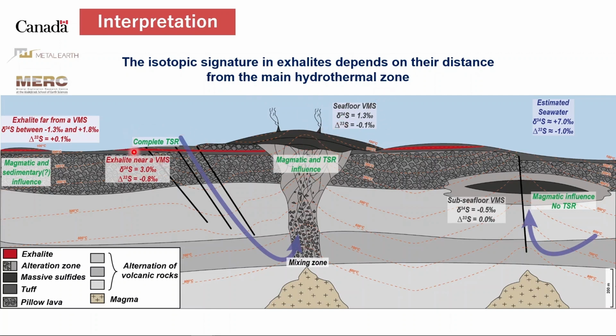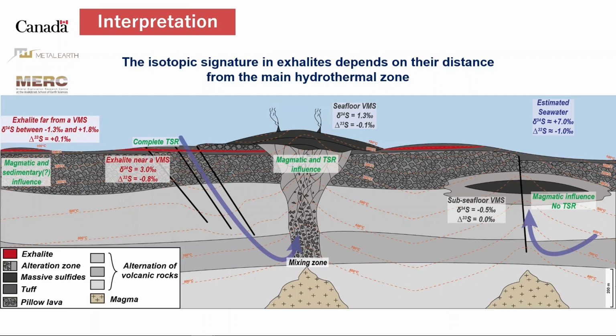And for the exhalites that are directly linked to VMS, on the main contact tuff stratigraphic level, you are close enough to the main hydrothermal zone, so the temperature is high enough to efficiently reduce the seawater sulfate. So it's kind of a complete TSR here. That's why you record, but there is no important magmatic influence because you are not directly in the main hydrothermal zone. So you record mainly the seawater sulfate influence in this exhalite.